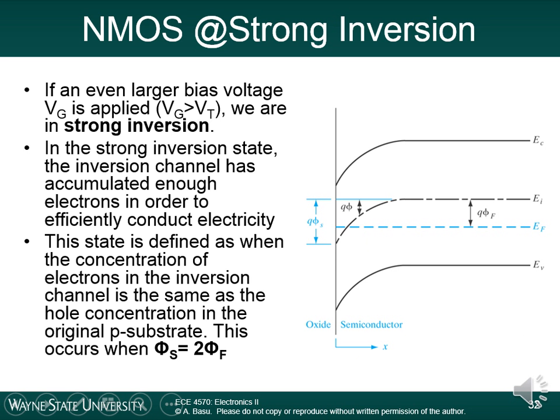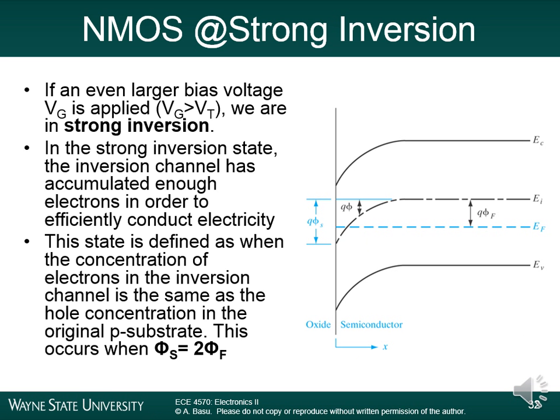So as an example, let's say your MOSFET has a substrate doping of 10 to the 16th. So what is the hole concentration there? What's the hole concentration in the substrate? The substrate doping is 10 to the 16th.